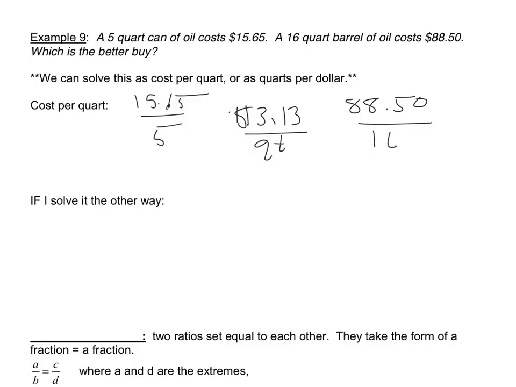So that one would be $5.53 per quart. So which one of those two is the better buy? Well, the 5-quart can. Okay.